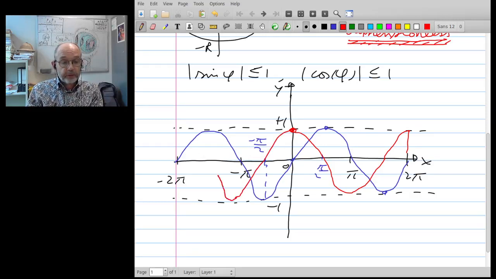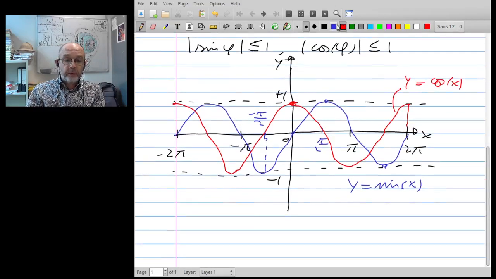Now this is not going so well, but okay, I hope you see. Y is the sine of x, and the red one, y is the cosine of x.